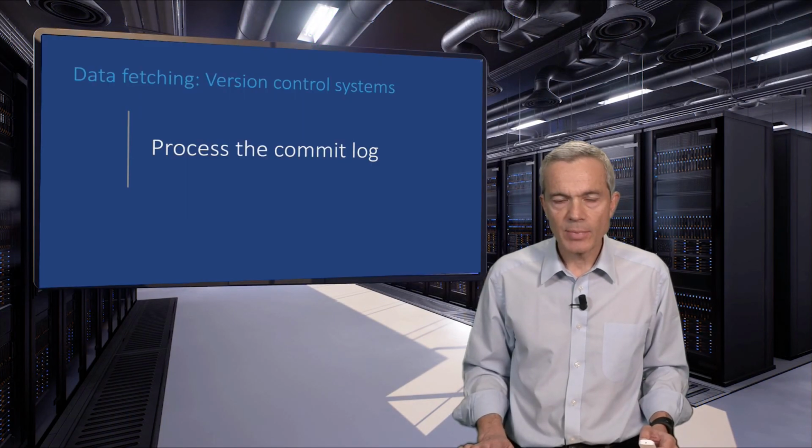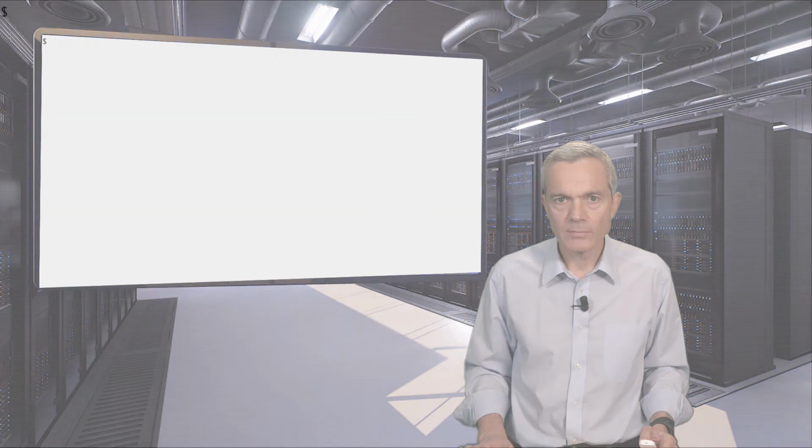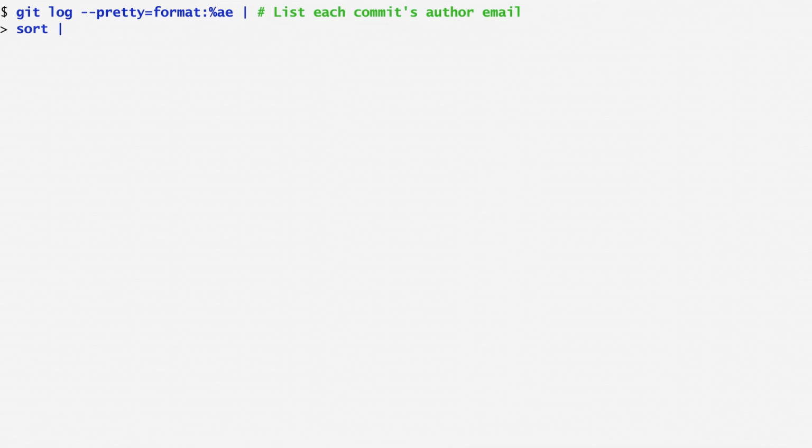As another example, let's see who has performed the most commits. In order to find which author has made the most commits, I run again git log, but specify as the output format the email of the author of each commit as a unique identifier. Next, I sort all emails. I pipe the output to uniq -c to count the occurrences of each author.